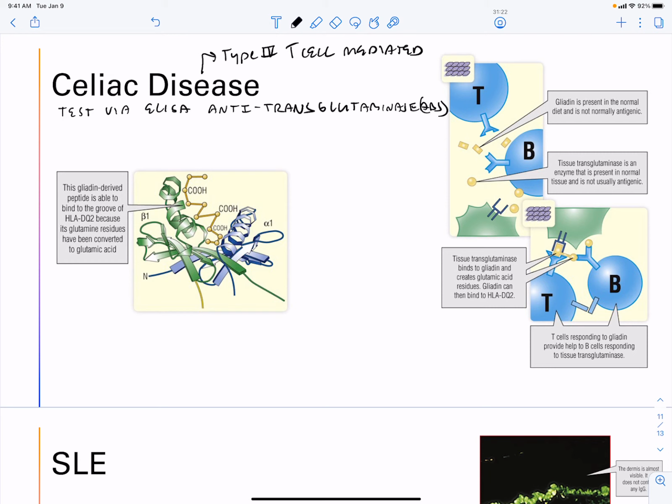And so you have wheat, rye, barley. They're all going to contain gluten. And then the gluten contains gliadin.